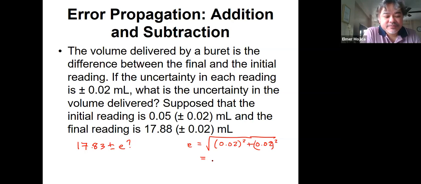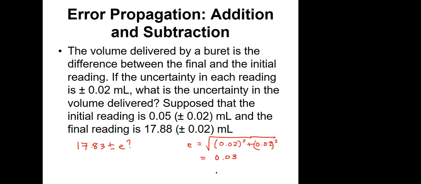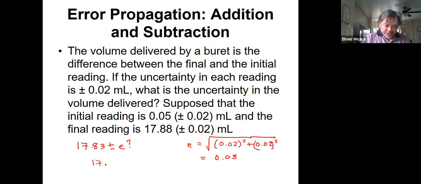And that is equal to what? 0.02 squared plus 0.02 squared, you get the square root, so that is 0.03. So the way that you're going to put it is like this. Were you able to get it?